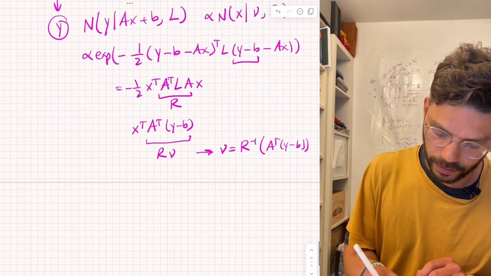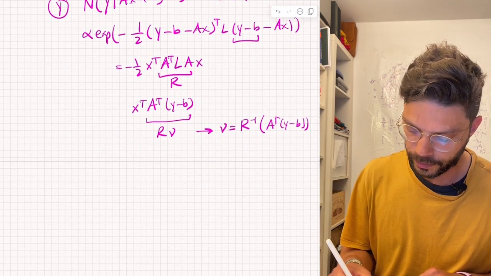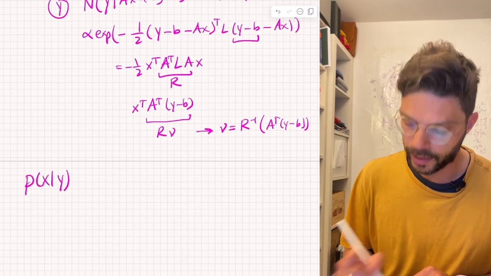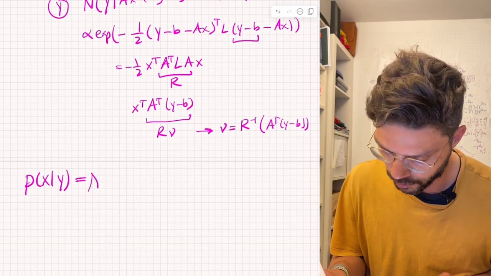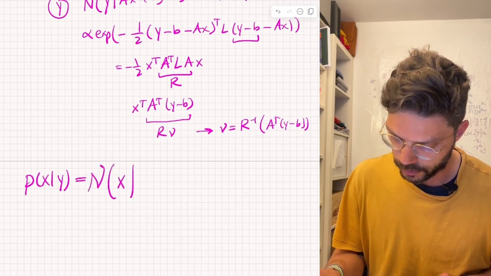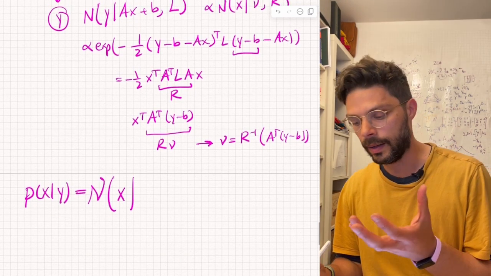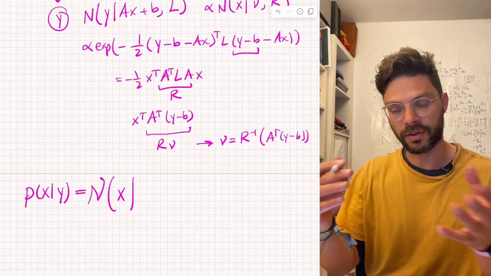So now we can actually just, with some squinting, apply our heuristic from above. So we just say, look, P of x given y is going to be this combination, right? So it's going to be x, and the mean is going to be the precision-weighted means of the two parts, the prior and the likelihood.